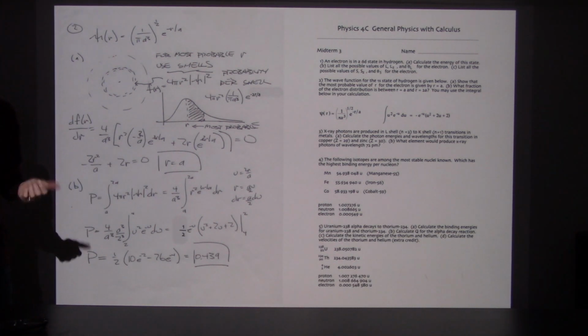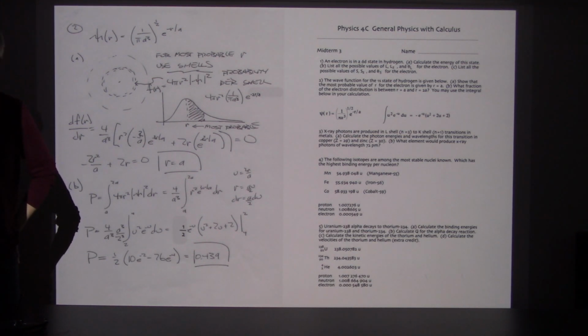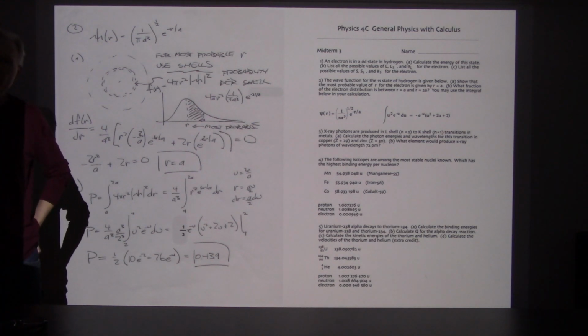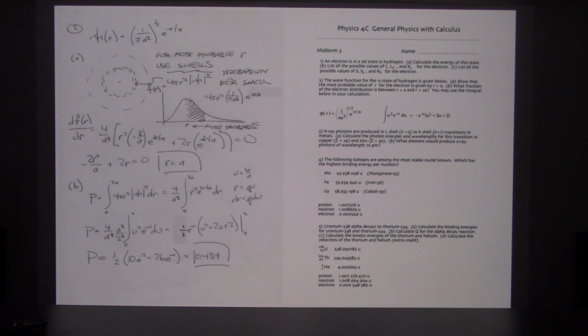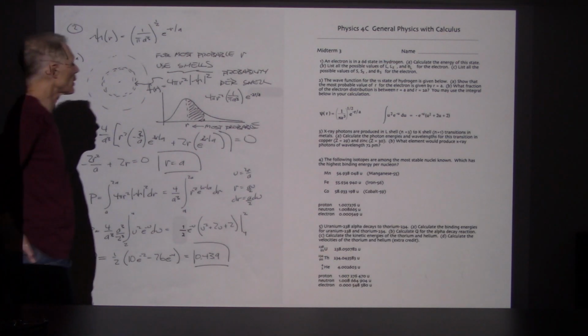Now, when I give this problem, and I've given this problem on exams more than one time, or something similar to it, asking where is the most probable value, for some reason, inexplicably, students integrate instead of taking a derivative. I'm not sure why that is. So it's worth stopping and thinking. Let's read the problem.